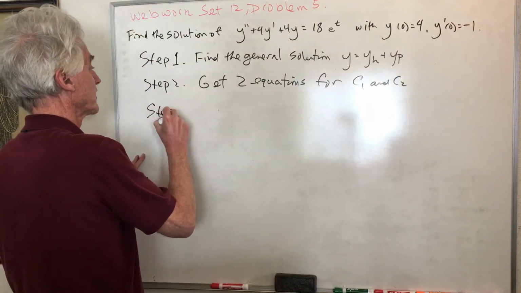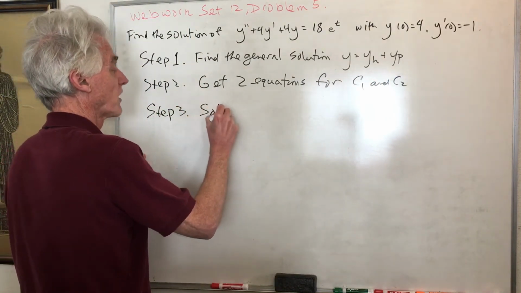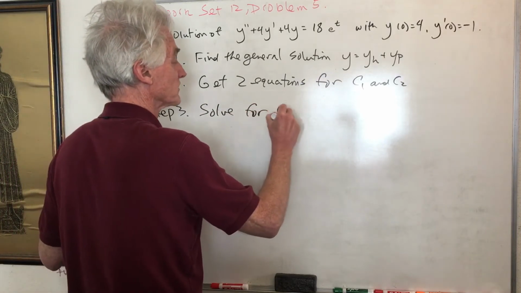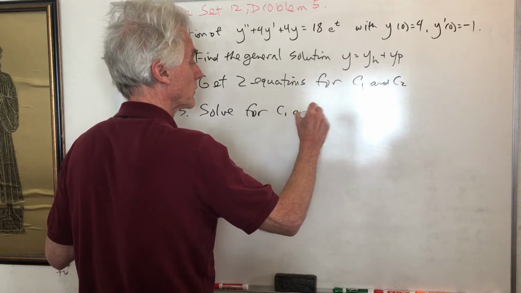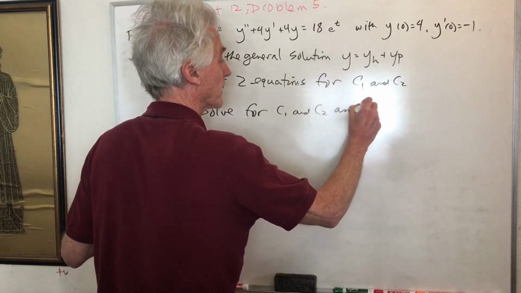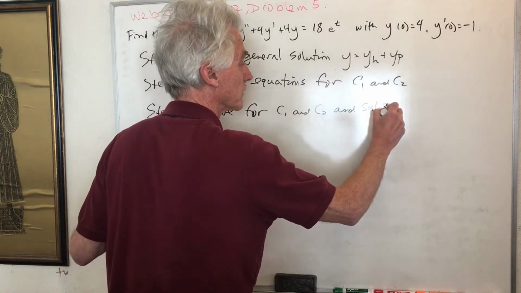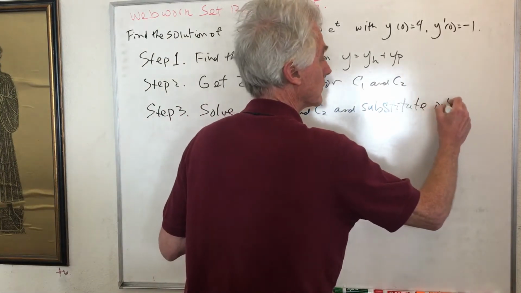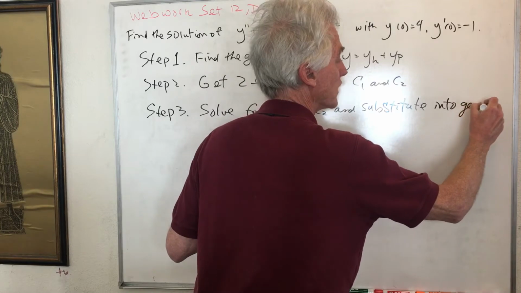And then step 3 would be solve that system for C1 and C2 and substitute back in into that general solution.